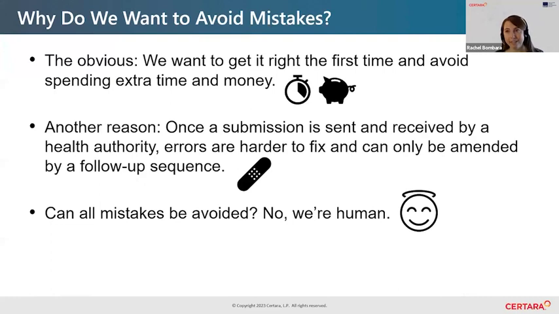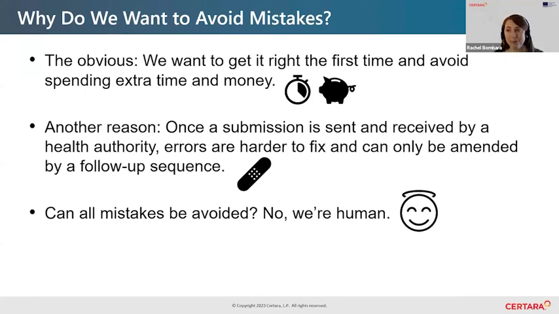Well, there's the obvious. We want to get it right the first time and avoid spending extra time and money, whether it's for ourselves, our team, our company. But another reason is that once a submission is sent and received by a health authority, any errors are much harder to fix. And normally they can only be amended by a follow-up sequence, which is really a bandage on the issue. Better avoided in the first place.